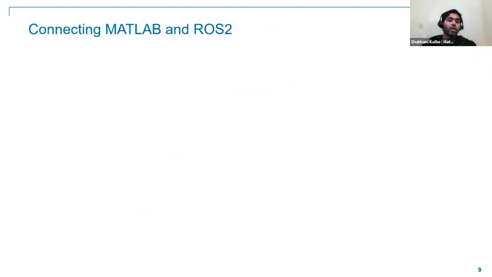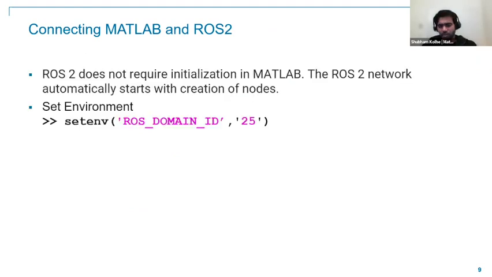Now, let's say you have to connect to ROS2. The process is very similar to connecting to ROS1. ROS2 doesn't require initialization. Whenever you create a node, the ROS2 network automatically starts. You have to set your ROS domain ID.